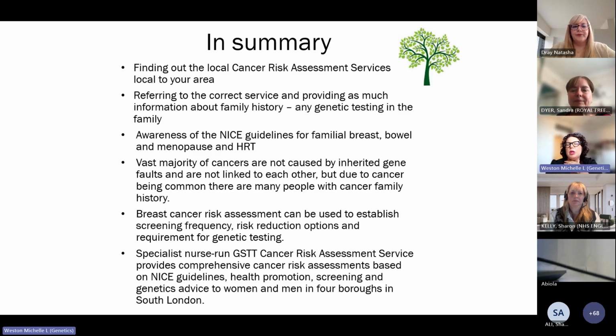We know with cervical cancer, that's not normally one that has an inherited predisposition to it. So when we see people in clinic with a family history of cervical cancer, the main thing we say to them is just making sure they attend their smear tests.